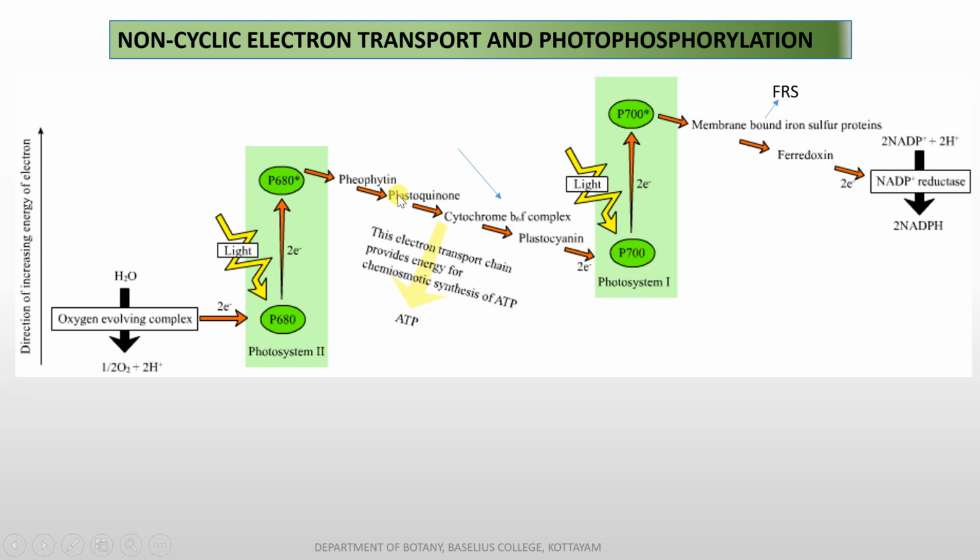These electrons from pheophytin were at high energy, but at this moment the electron loses its energy and comes to PS1, P700, to fill the hole. We know after the ejection of these 2 electrons there is a hole or electron deficiency in pigment system 1. So these electrons are utilized to fill the hole or electron deficiency in PS1.